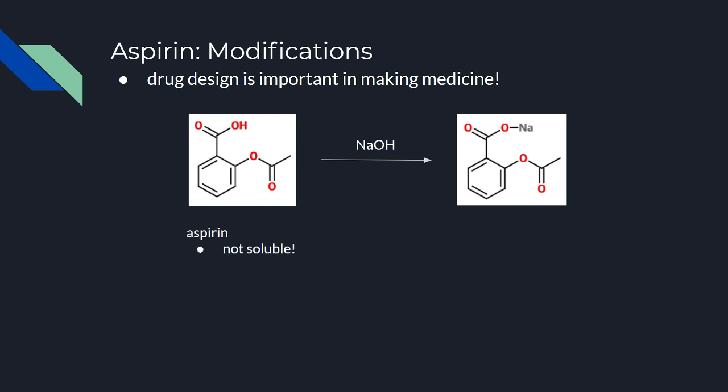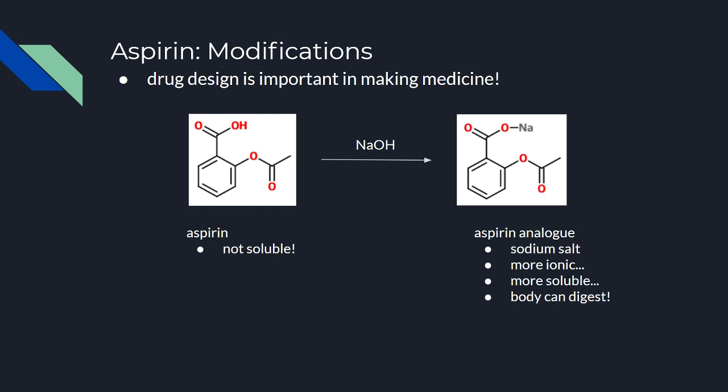So on the left, aspirin is actually not sold this way throughout the world because it's not soluble, which means our body can't digest it. But when we modify it to have the sodium, we create an analog that is a sodium salt. Because the salt is more ionic, right? The O is negative, the Na is plus.